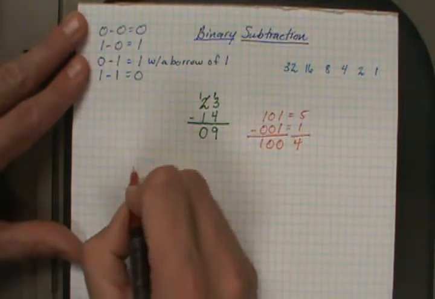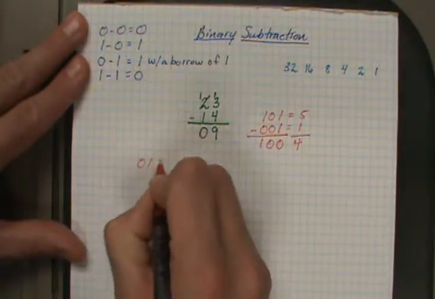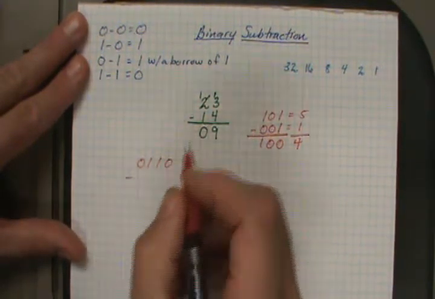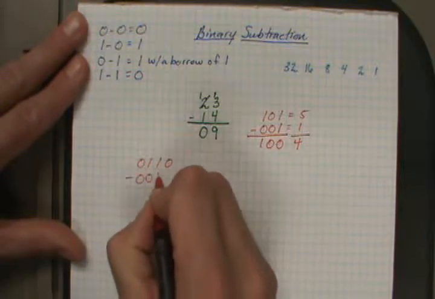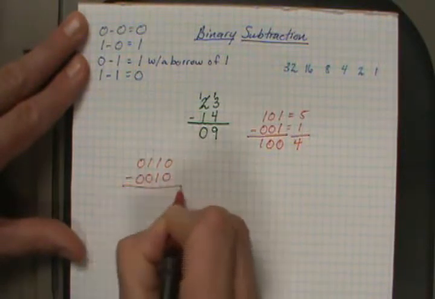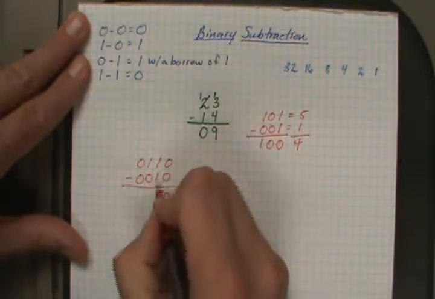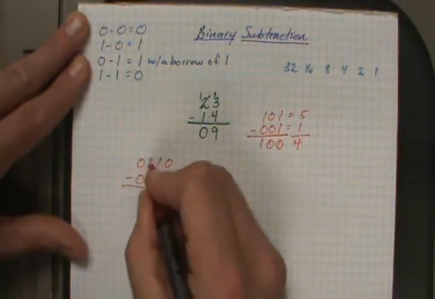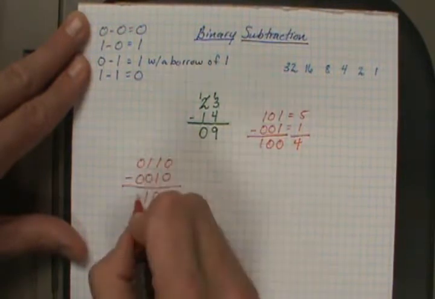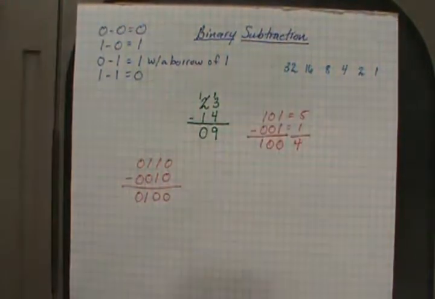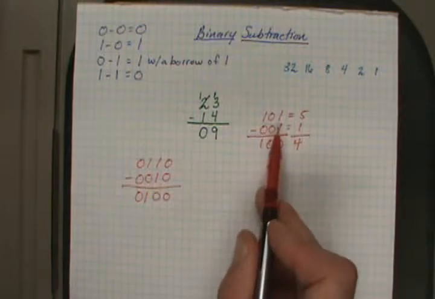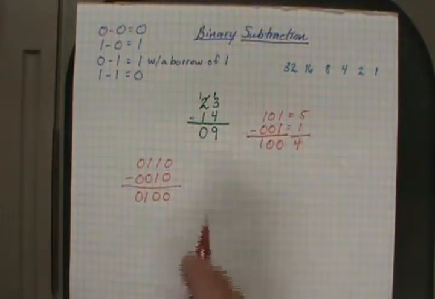Try another one real quick. So 0 minus 0, 1 minus 1, 1 minus 0, 0. So basically we did almost the same thing.